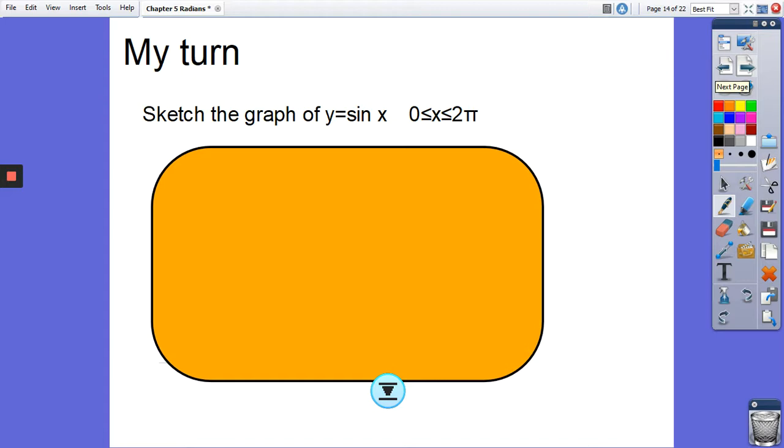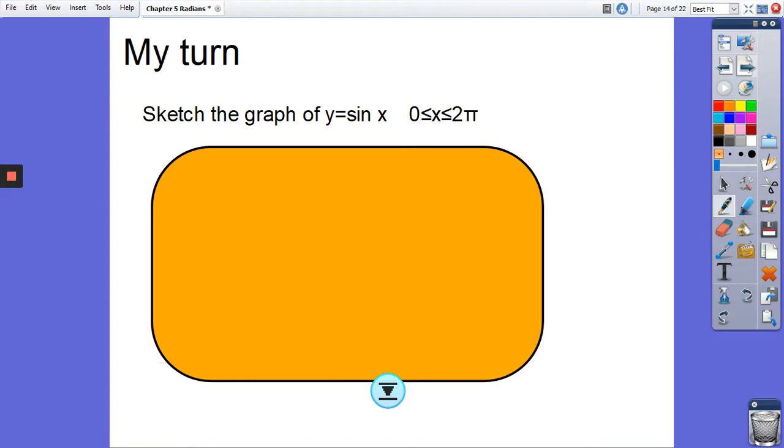So my first question here is, we want to draw the graph of y equals sine x, going between 0 and 2 pi. Now, if you remember, 2 pi is the equivalent of 360, because there's 360 degrees in a circle and there's 2 pi radians in a circle. So we want to draw the graph of sine x.